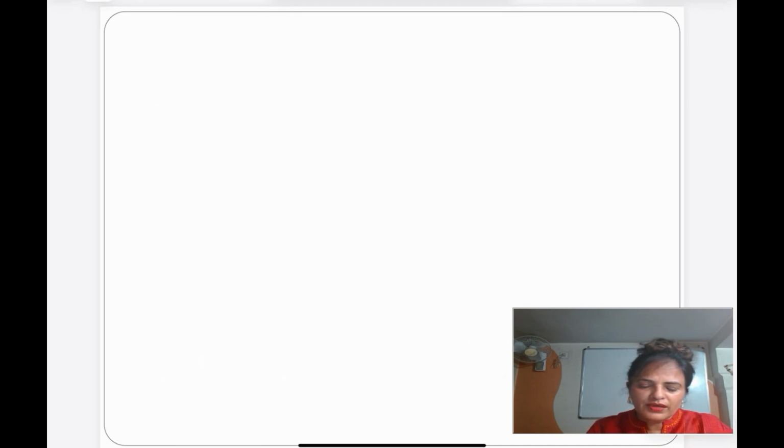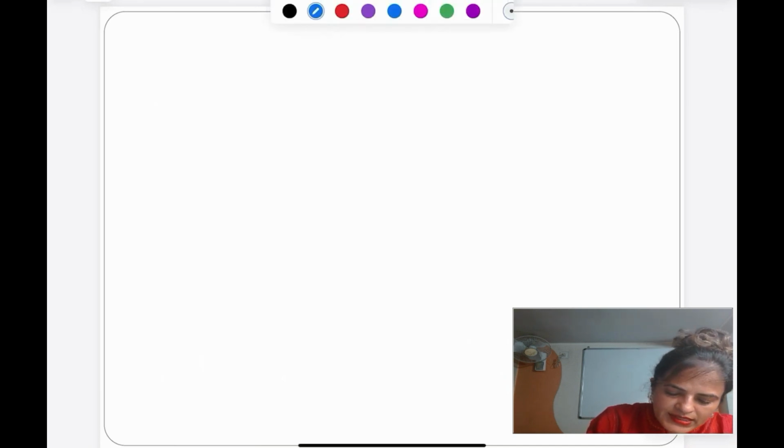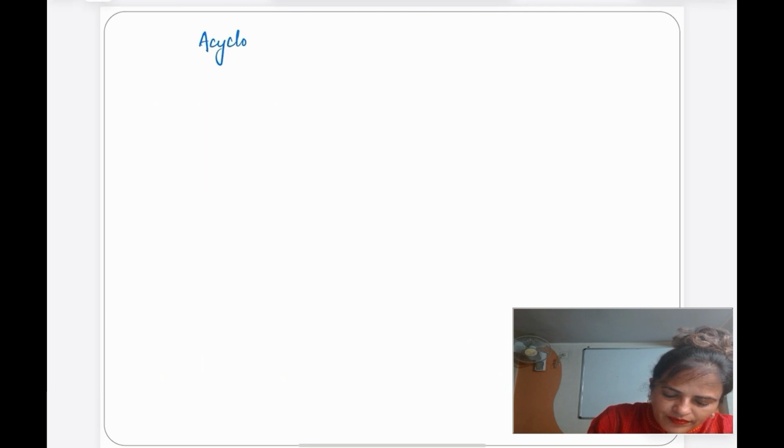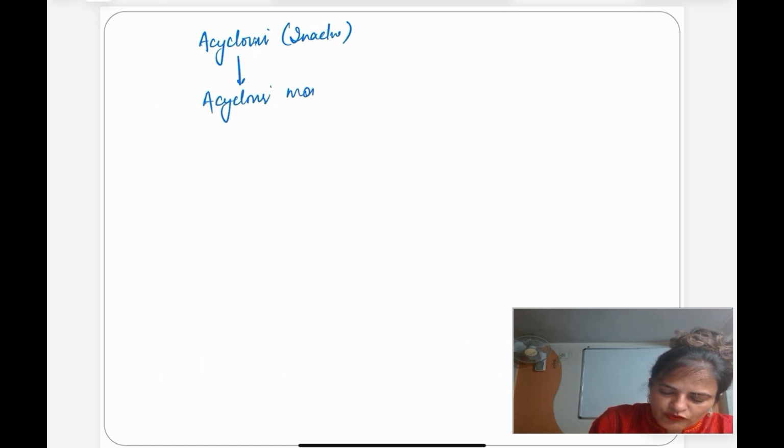So in a simple way, you can write here: acyclovir is inactive as such. So it gets activated into acyclovir monophosphate with the viral specific thymidine kinase.